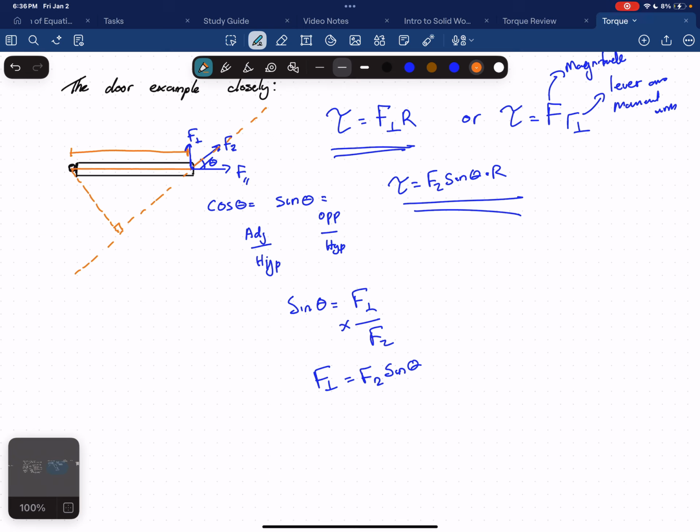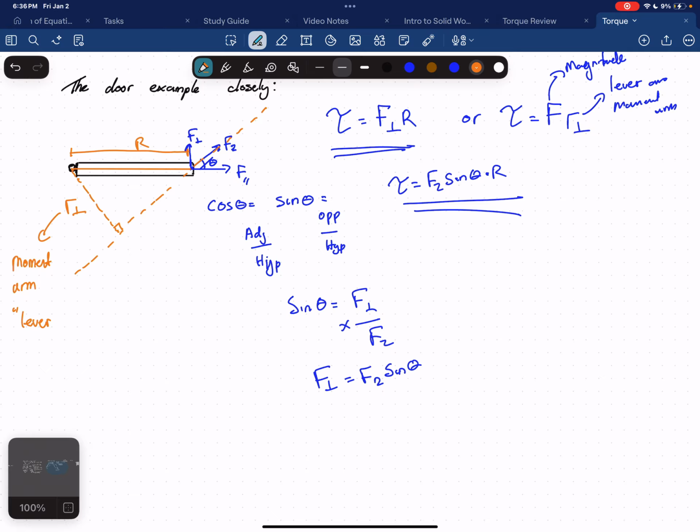R. And then this right here is called the moment arm. All right, this is the moment arm, or if you like, the lever arm. So first you draw your line of action, and then you draw a line perpendicular from your pivot to the line of action. That's your moment arm.